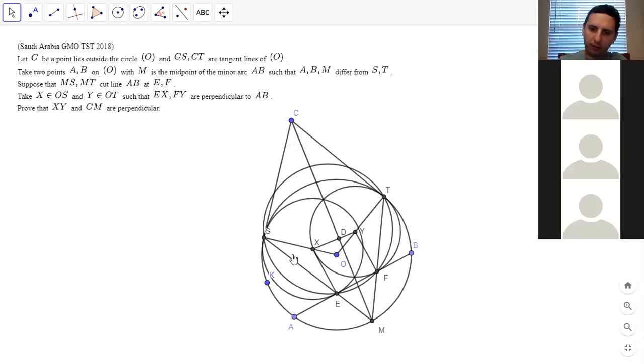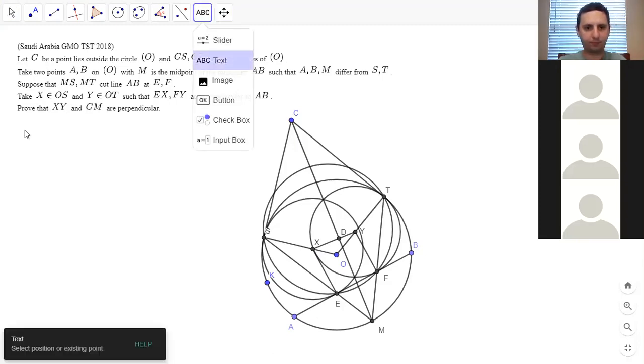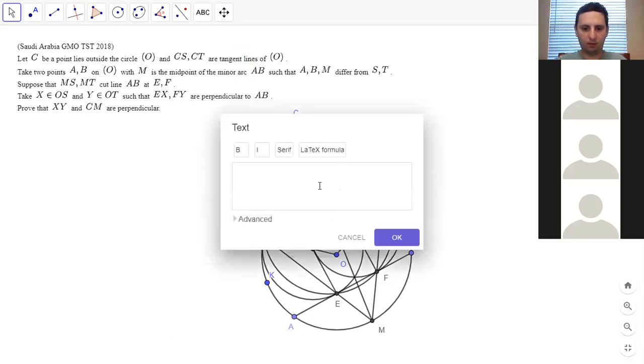Yeah, I know how to find this angle right here. I'm just thinking, how do we find this angle? Okay, so yeah, I see how to do it. So angle XES is 90 minus angle SEA.